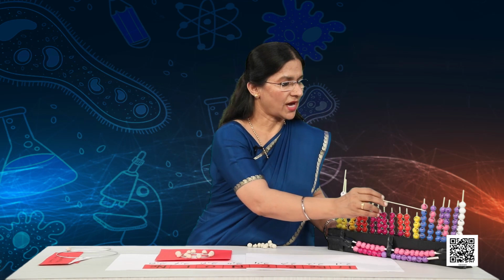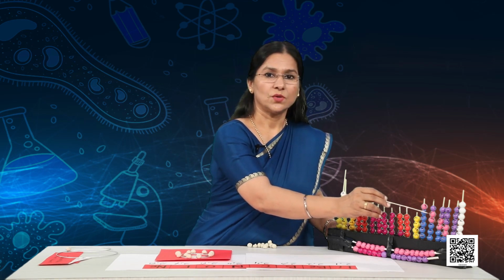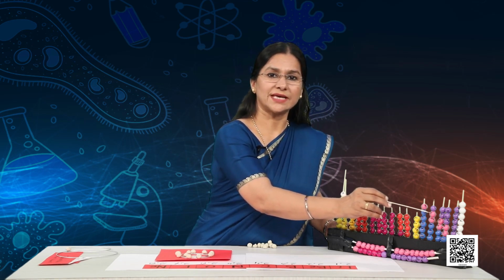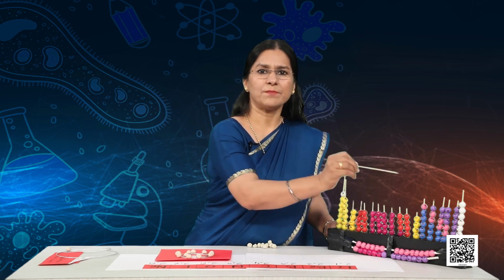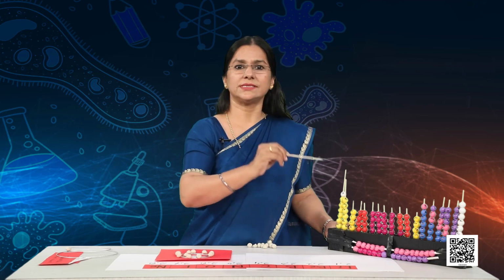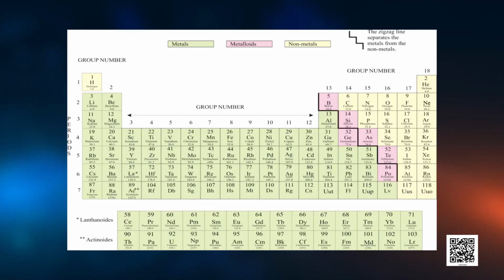In the middle, we have silicon, which is classified as a semi-metal or metalloid because it exhibits some properties of both metals and non-metals. Now, in the modern periodic table, a zigzag line separates metals from non-metals.